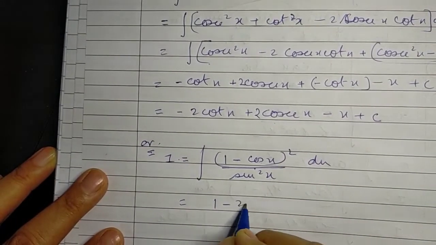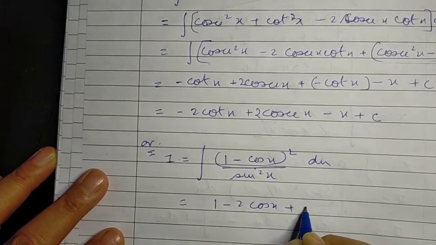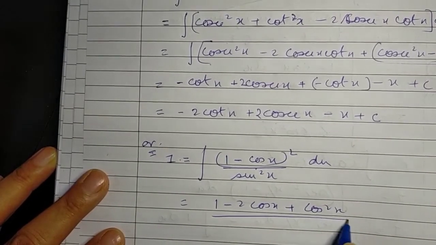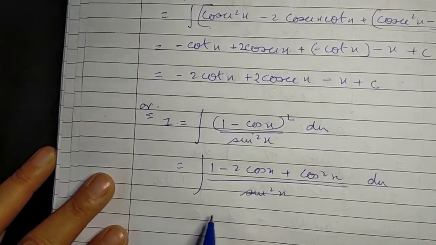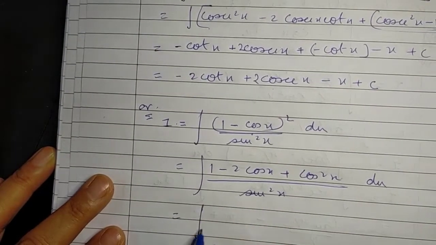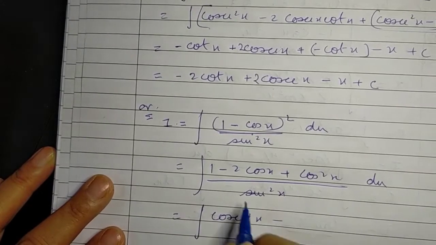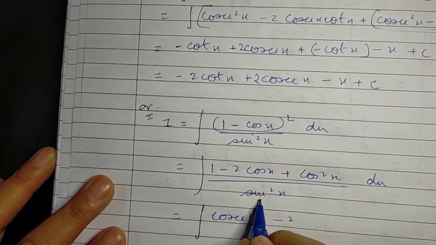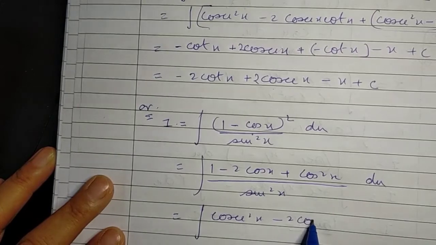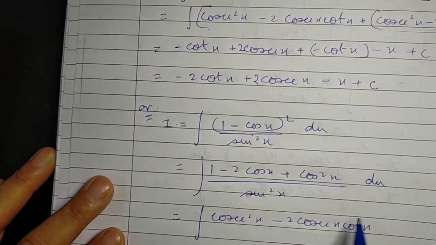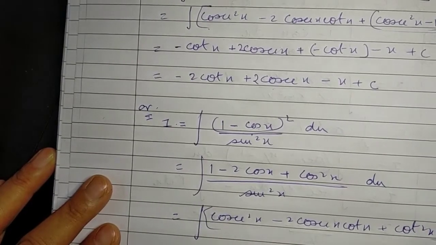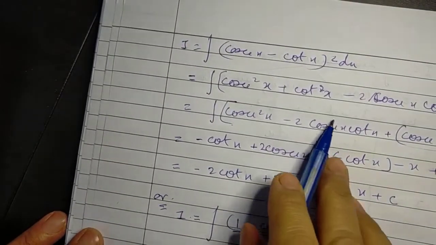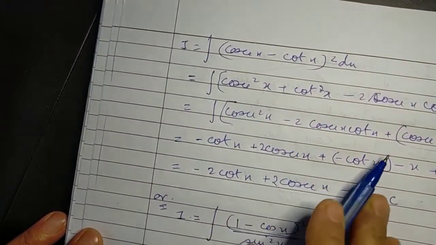So what do we get? 1 minus 2 cos x plus cos squared x, whole upon sine squared x, integral. Now you split the numerator. So what do we get? Cosec squared x minus 2 cos x over sine squared x, which is cosec x cot x, plus cot squared x into dx. If you compare, it is the same result as we had got here.